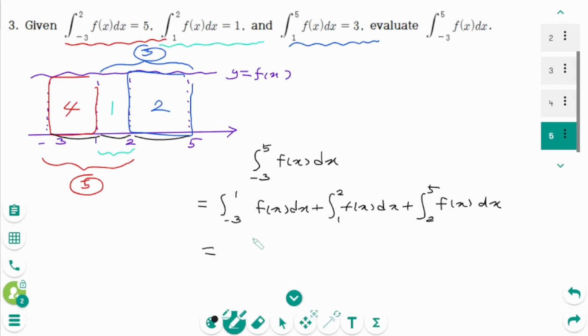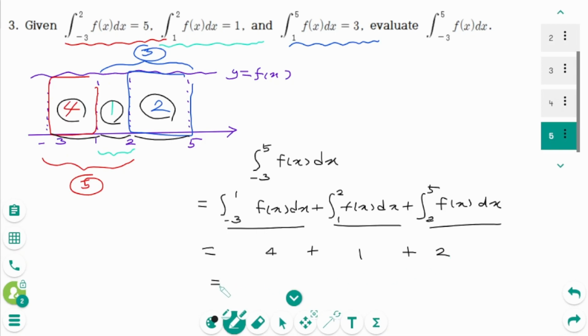Plug in the values. The first one is 4, plus the second one is 1, plus the last one is 2. Then the final answer is 7.